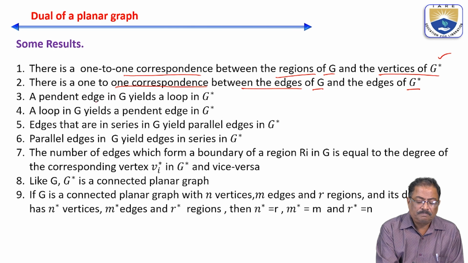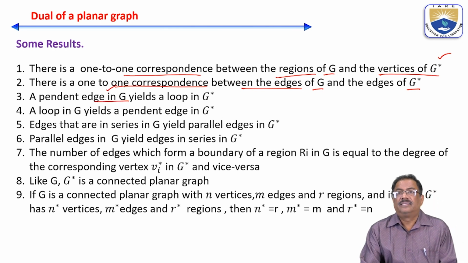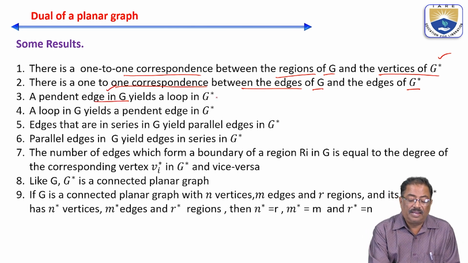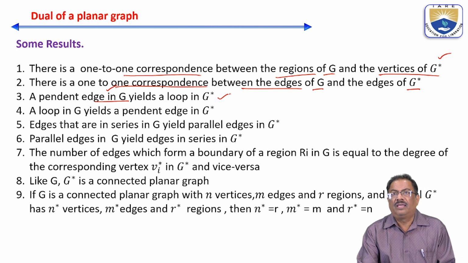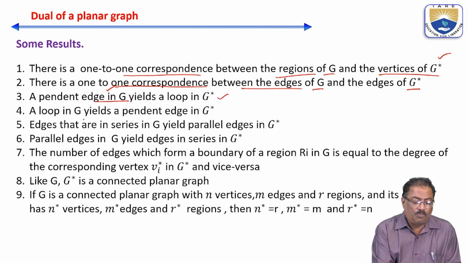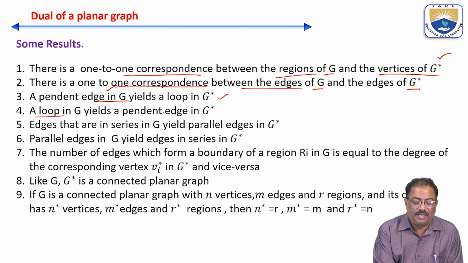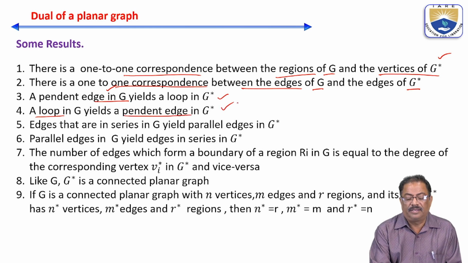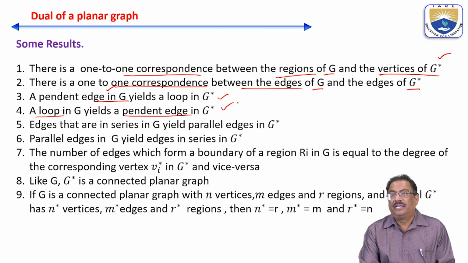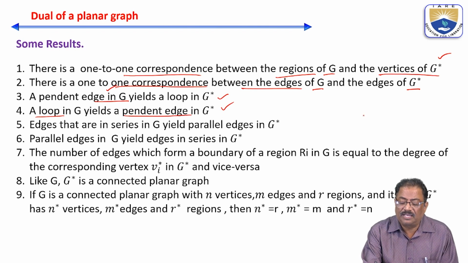Now any pendant edge will give a loop. Any loop will give a pendant edge. Suppose I consider a graph like this.